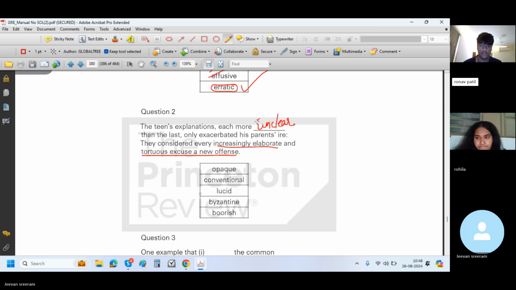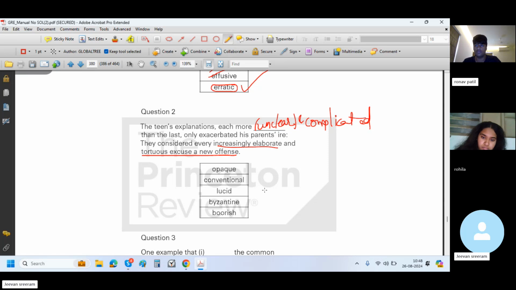Byzantine, more complicated. Was it opaque? There are two options which give a similar sense, like complicated. Yes, sir, opaque and Byzantine.